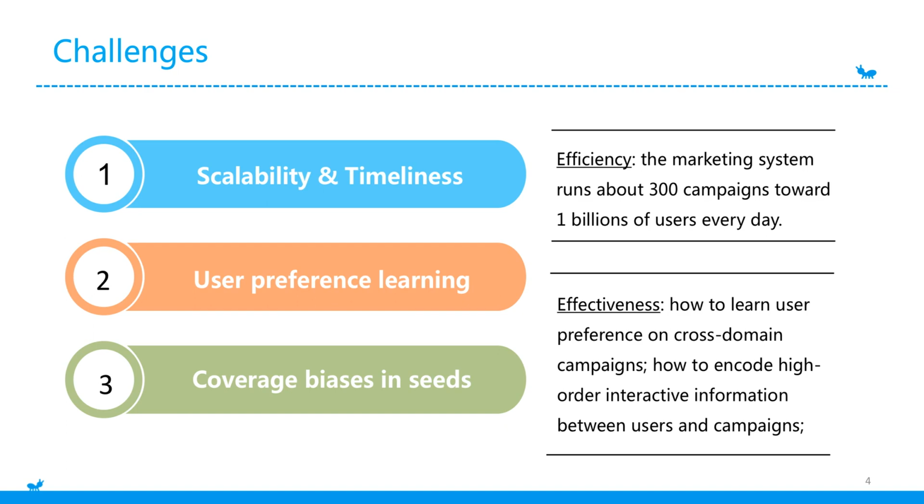Third, the coverage bias induced by the seeds. In the setting of audience expansion, a set of seed users is given to guide the expansion process. In the previous literature, the seeds are usually treated as positive examples of a classifier to distinguish seeds and other users.